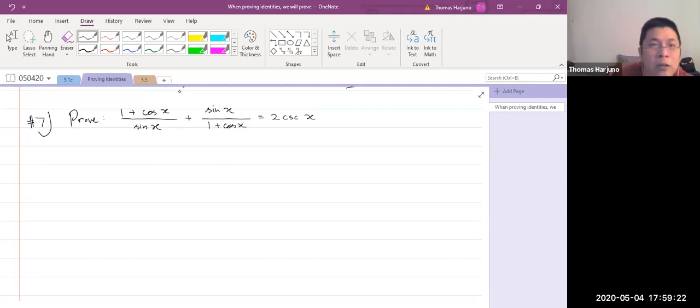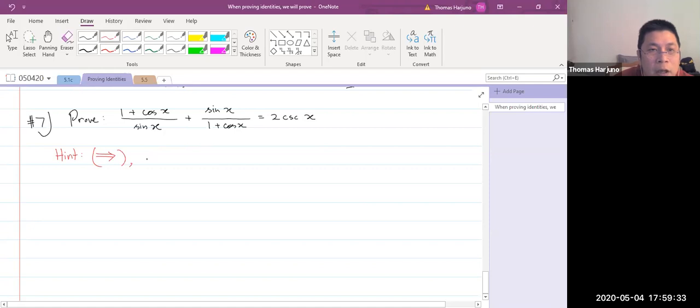Now the hint will be: find the LCD on the left hand side. Start from left to right, and then do the LCD. Now what is the LCD here on the left hand side? The LCD will be sine x times 1 plus cosine x.